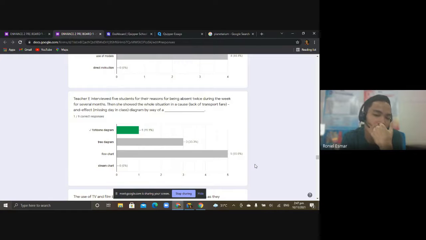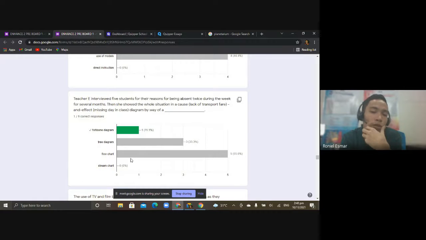Is it a tree diagram? For a tree diagram, I think we can make use of this if we relate one concept to the other, from a broader concept to its branches. That's how we can make use of a tree diagram.